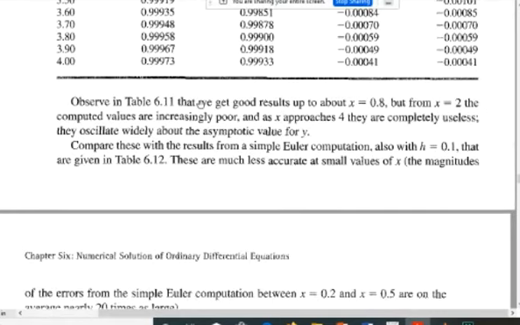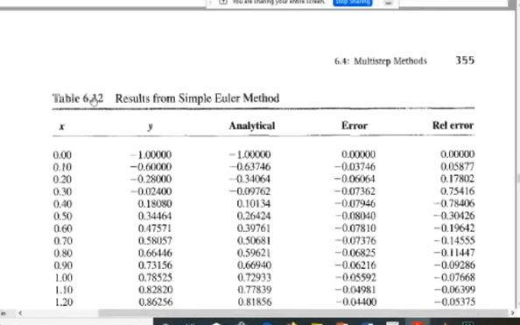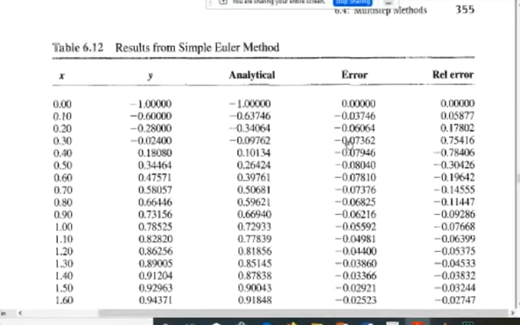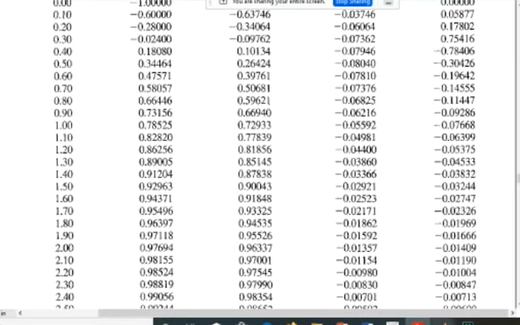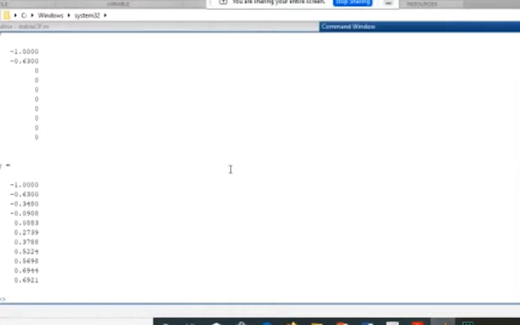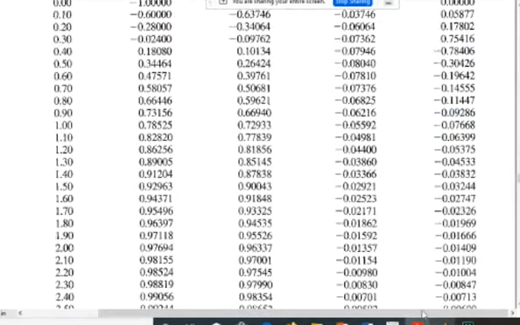When we compare that with the results from simple Euler computation, also with the same step size, h = 0.1, shown in this table, 6.12, we can see at the first steps the amounts of error are low, and after that the amount of error begins to grow.